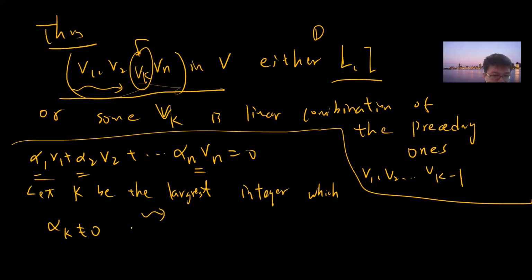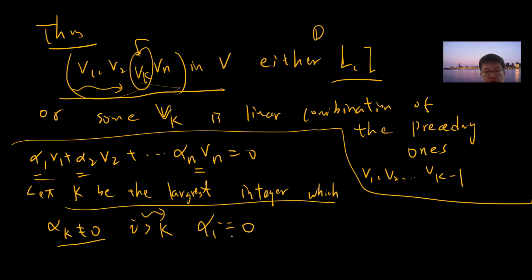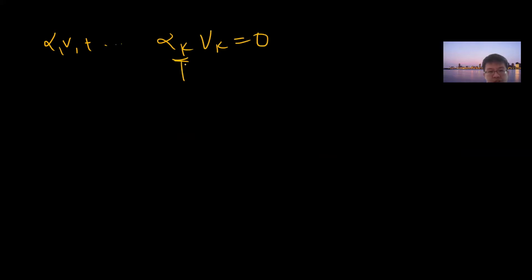So since k is the largest integer for which alpha is non-zero, for i greater than k, alpha i is 0, right? So what you get is that alpha 1 v1 plus up to alpha k vk is 0, and alpha k is non-zero.